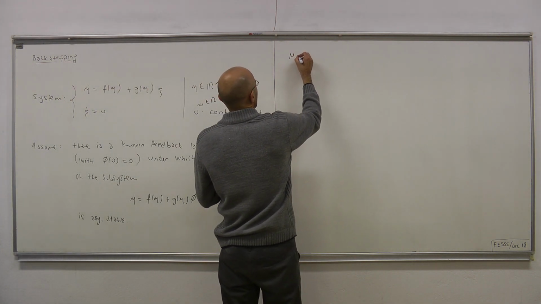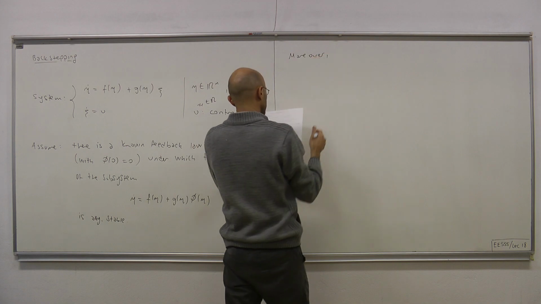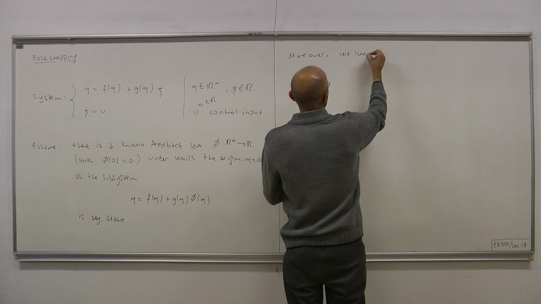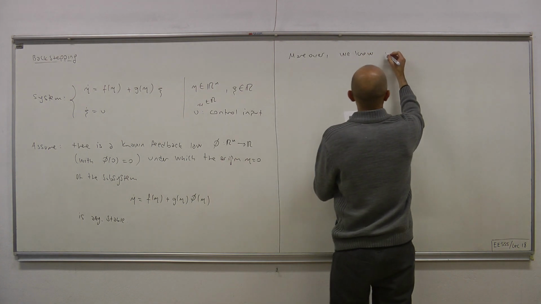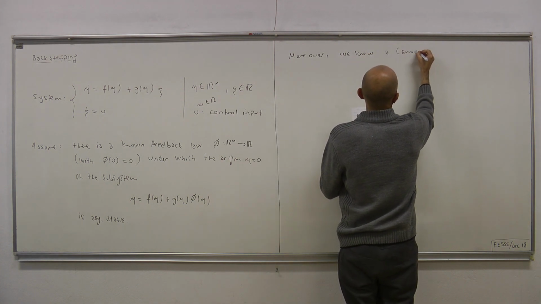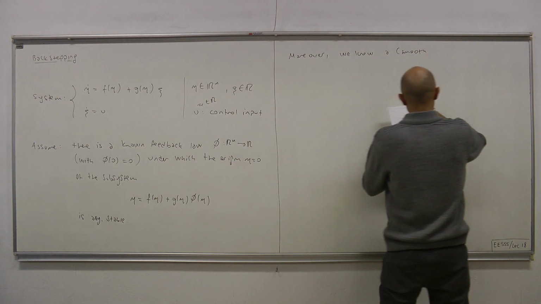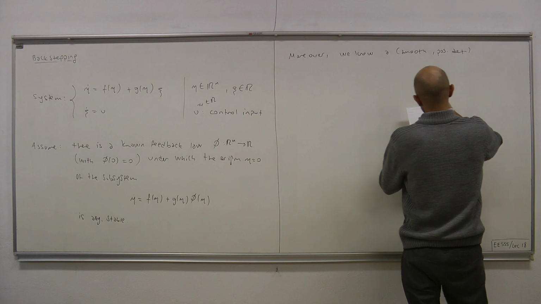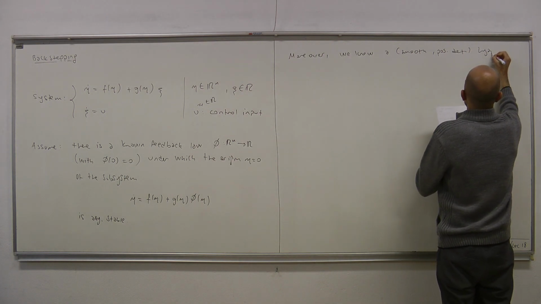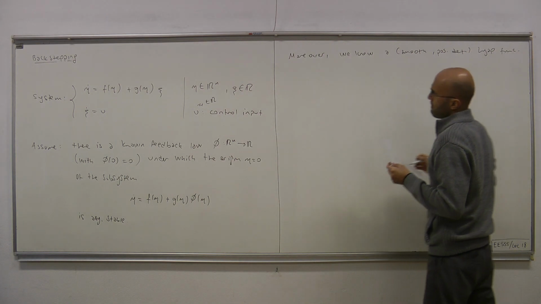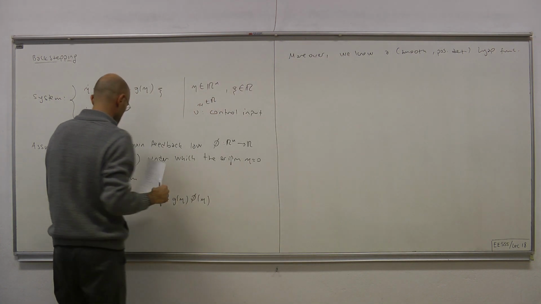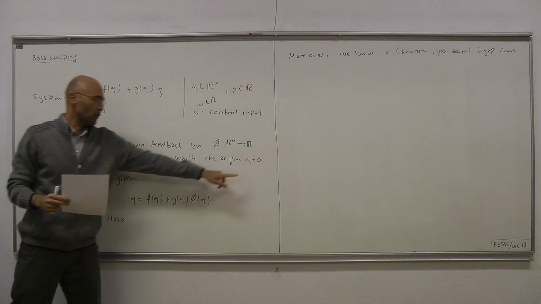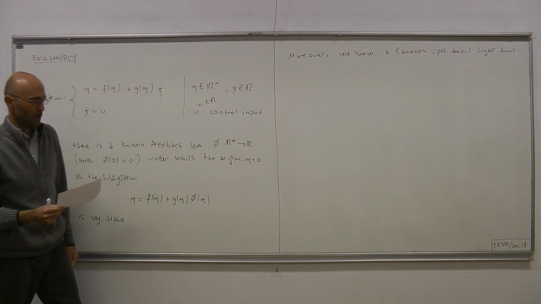Moreover, we keep assuming we know the Lyapunov function, differentiable and positive definite, through which we establish the asymptotic stability of the origin, eta equals 0.